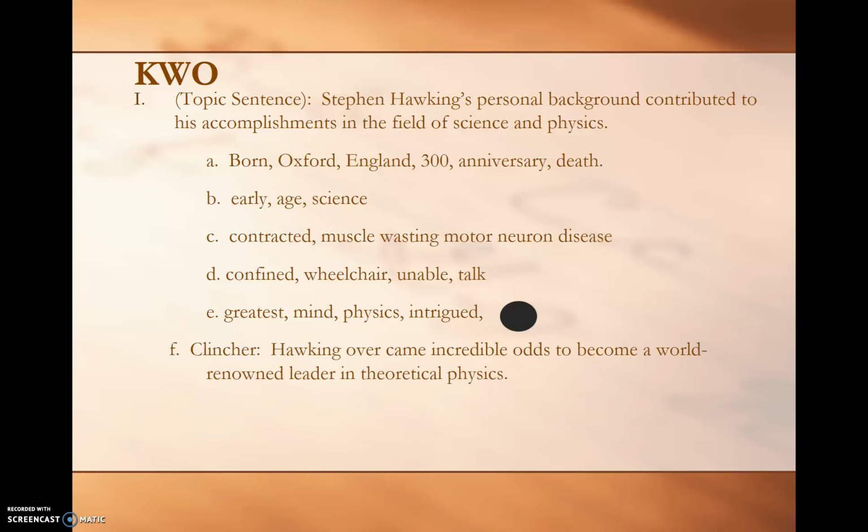Okay. I also have up there a clincher and a topic sentence, and you guys are welcome to use these. When you keyword outline, you can go ahead and write a complete sentence for your topics and for your clinchers. Now, for our topic sentence, we have: Stephen Hawking's personal background contributed to his accomplishments in the field of science and physics.